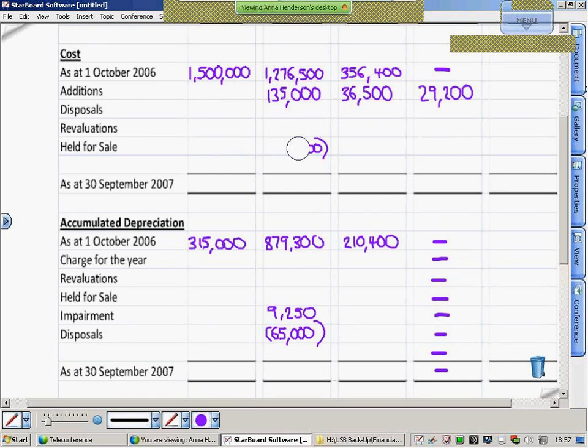I just realised, sorry, before this 104,000 should be up here, although it was held for sale during the year, we disposed of it by the year end, so that 104,000 should be up there, and the 50,000 is going in here. So we have deducted out the cost for the sale as well.